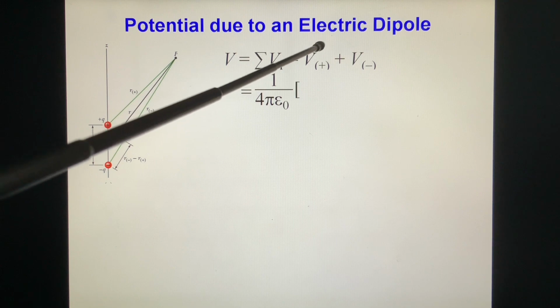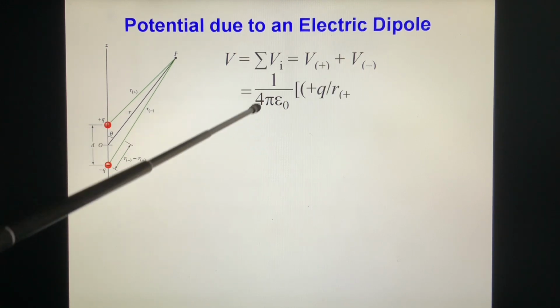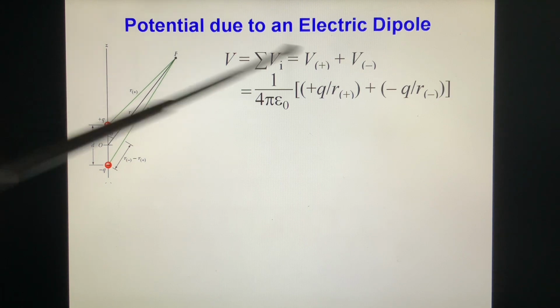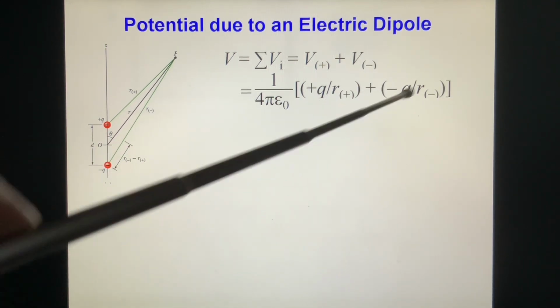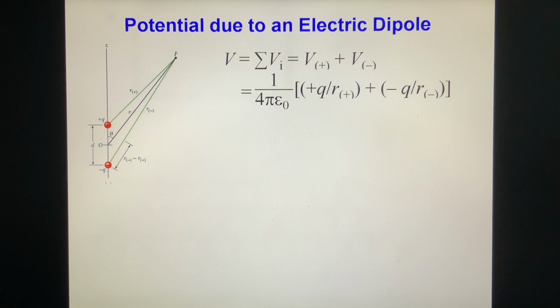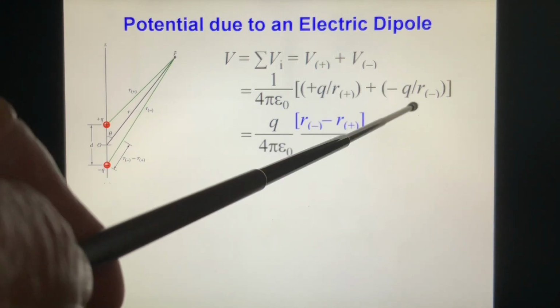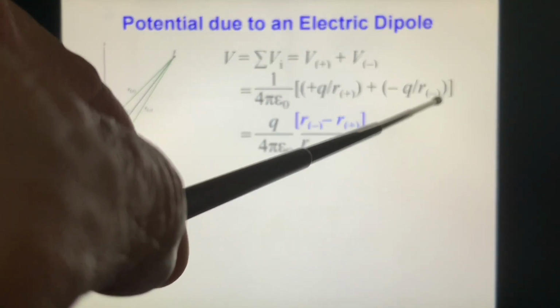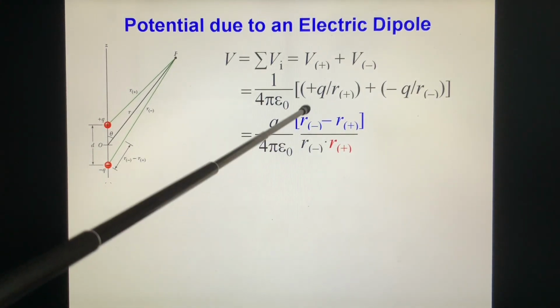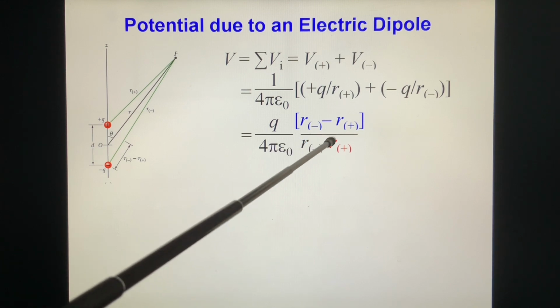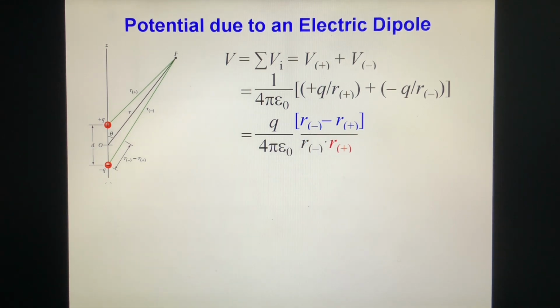So we put this formula: V equals 1 over 4 pi epsilon, positive Q over R plus, minus Q over R minus. The Q is the same. We rearrange it and get 1 over R plus minus 1 over R minus, which can be rewritten as R minus minus R plus over R minus times R plus.